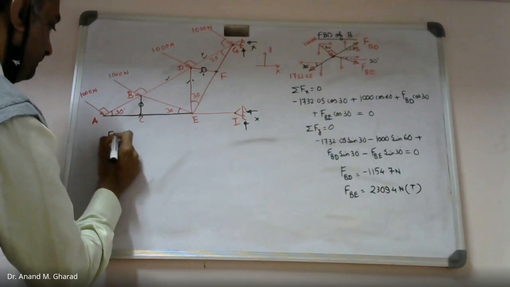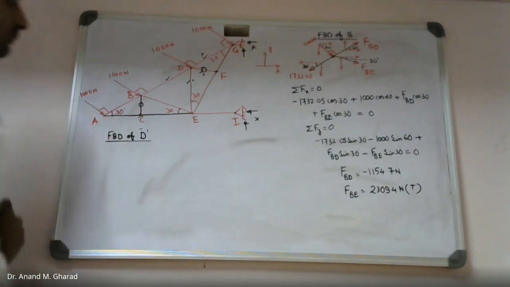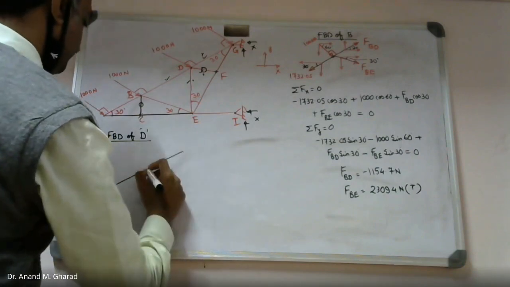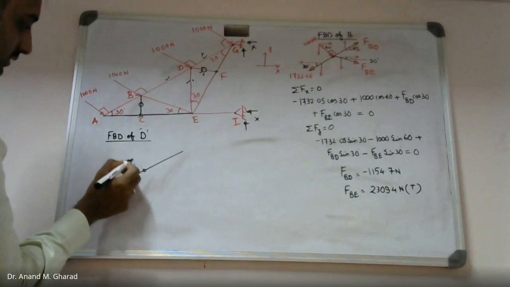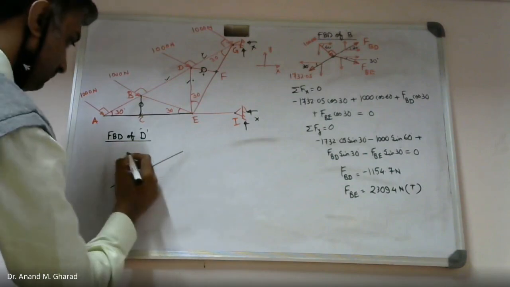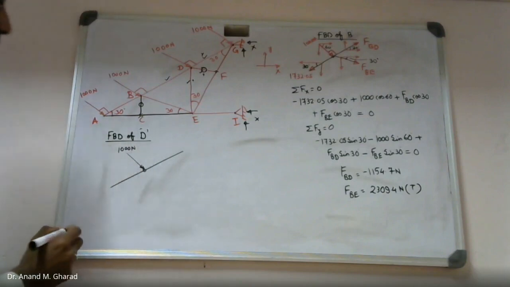I will draw FBD of joint D. It is like this. At this joint D, there is one force of 1000 Newton which is acting perpendicular. This is 1000 Newton load.